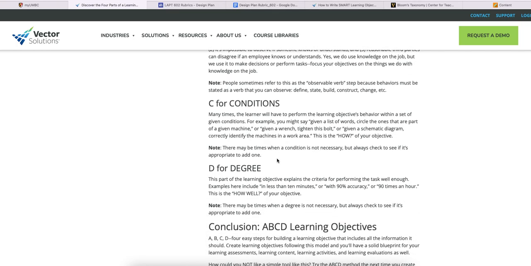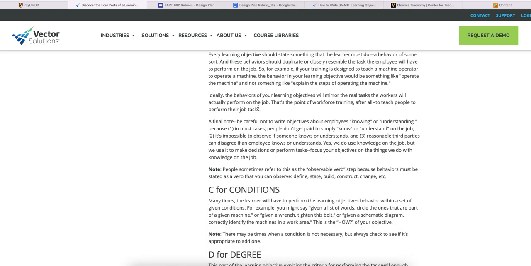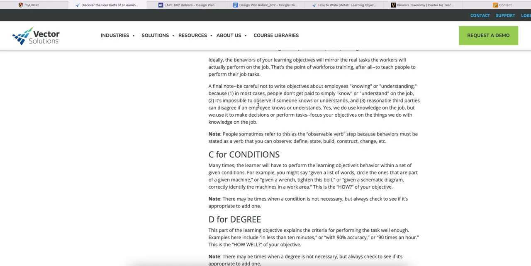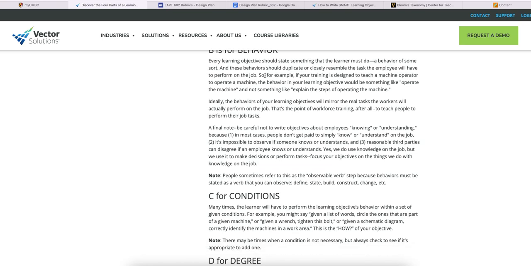And then the D, the degree statement, the degree to which this behavior must be performed or observed in order to be considered successful. The D is the degree to which this behavior will be measured and determined successful.